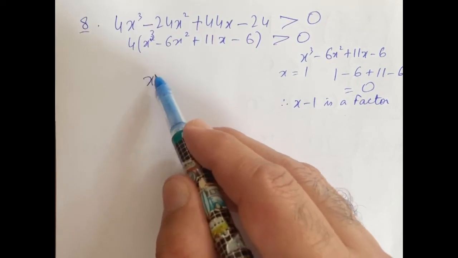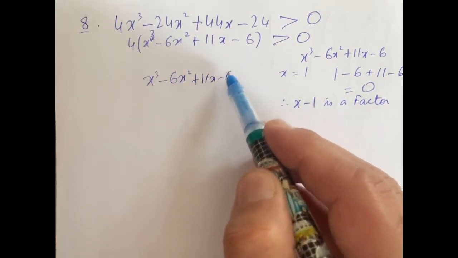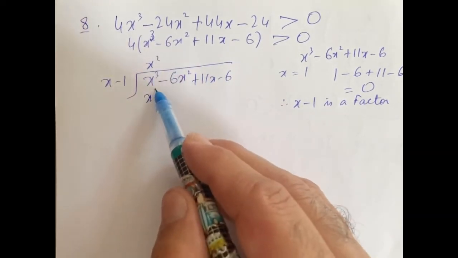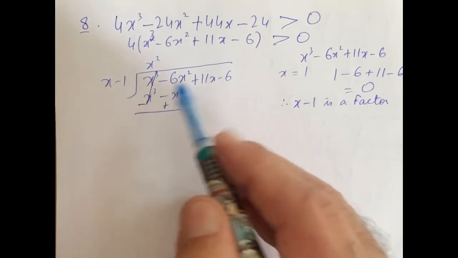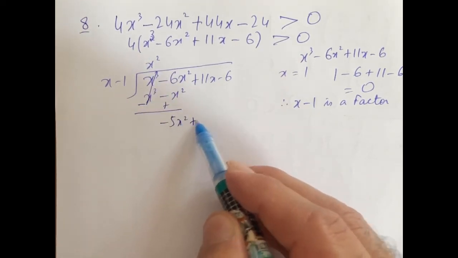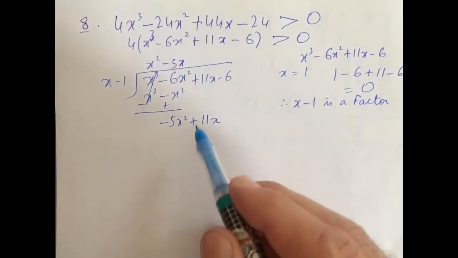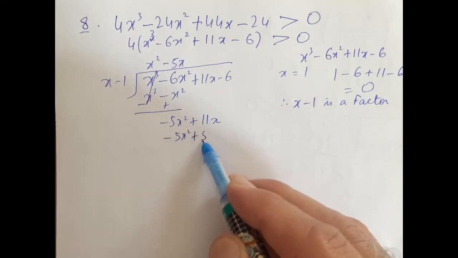So let us divide x cube minus 6x square plus 11x minus 6 by x minus 1. This is x square, this is x cube minus x square. Then change sign, this will cancel out. Plus this is 11x minus this is 5x. So minus 5x square plus 5x.